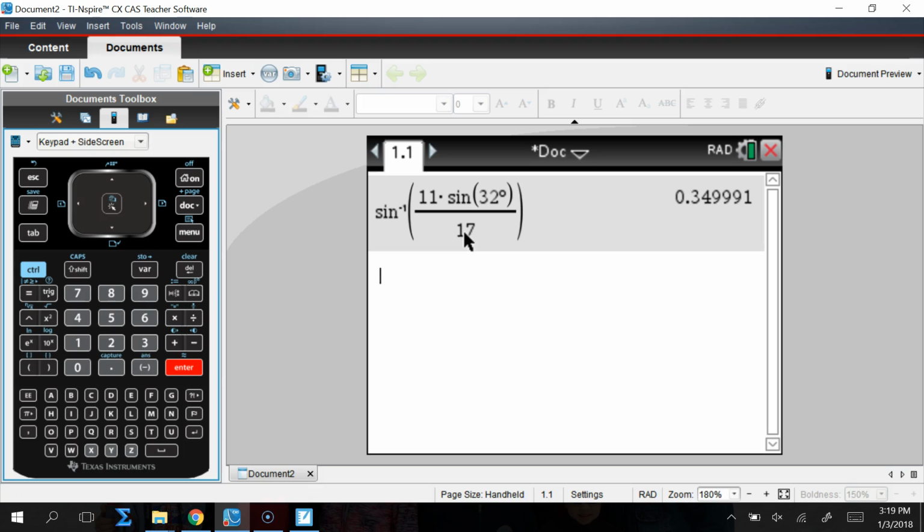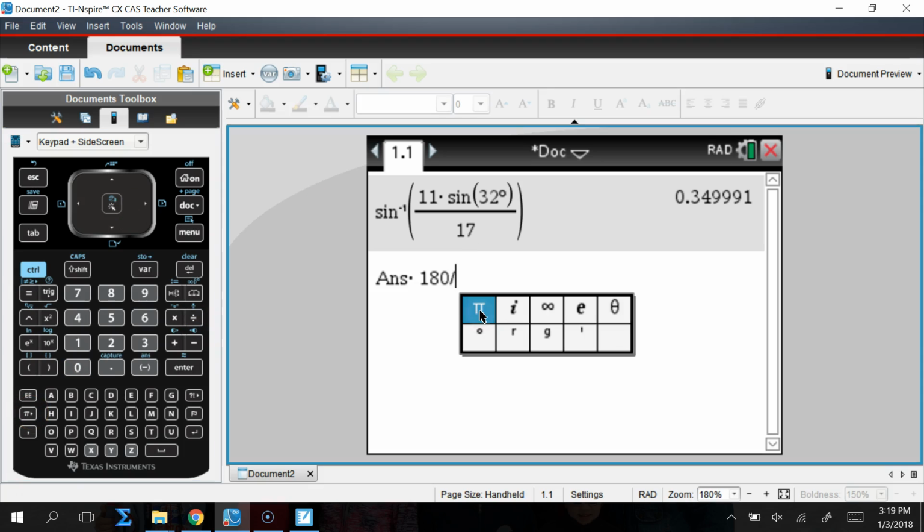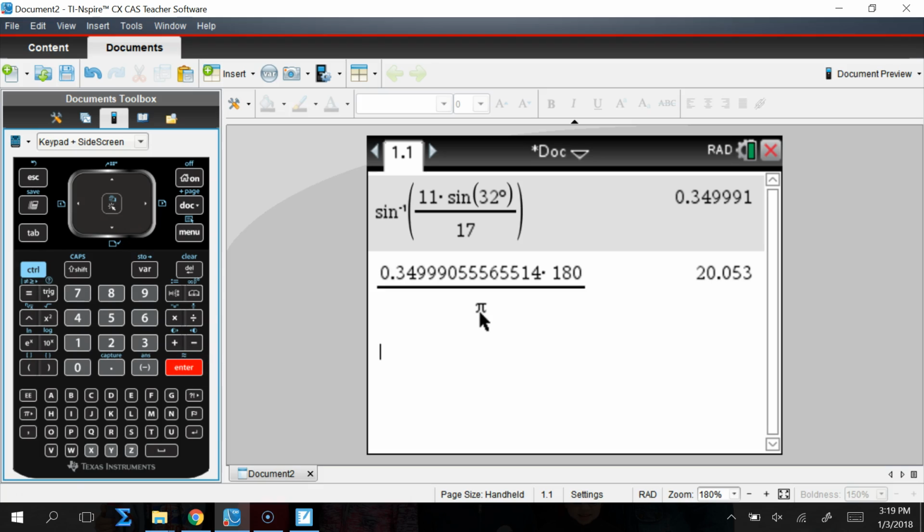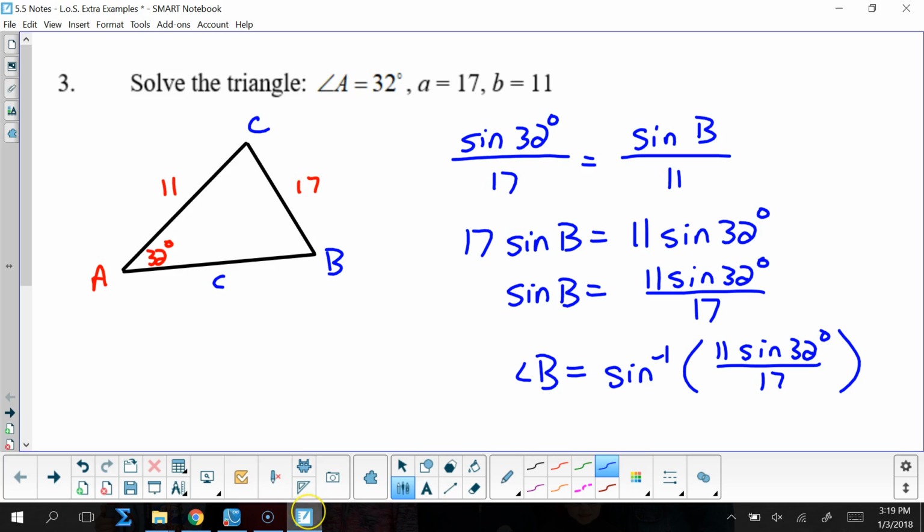Now, mine is in radians, so I need to convert that into degrees by multiplying by 180 and dividing by pi. That gives me 20.053 degrees for angle B.